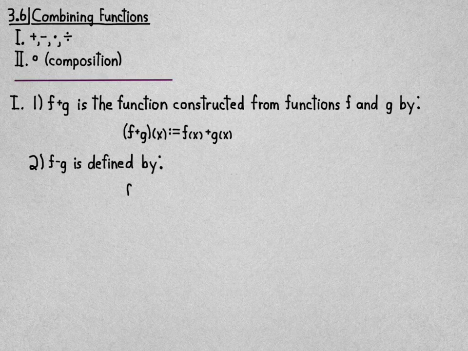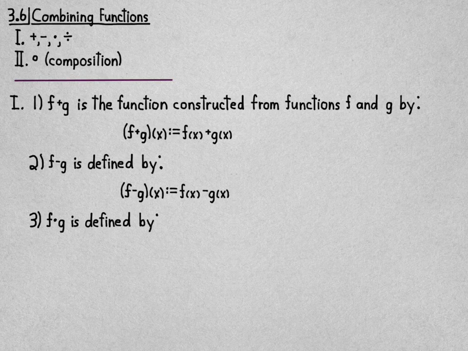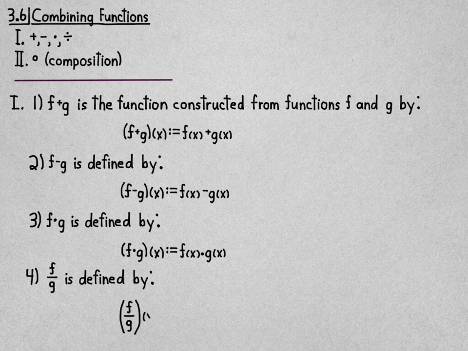f minus g is defined by (f-g)(x) equals, by definition, f(x) - g(x), just as you would expect. So these are not hard to remember. f times g is defined by (fg)(x) equals, by definition, f(x) times g(x). f divided by g is defined by (f/g)(x) equals, by definition, f(x) over g(x).